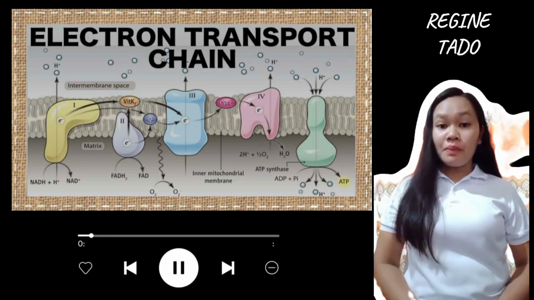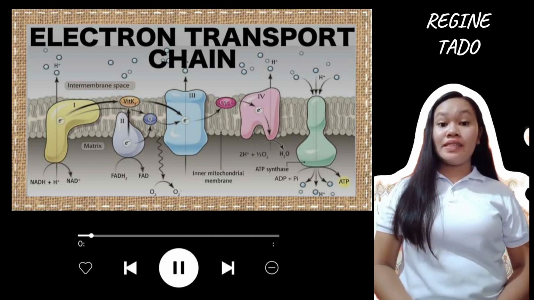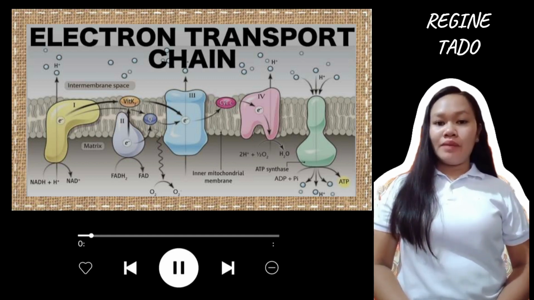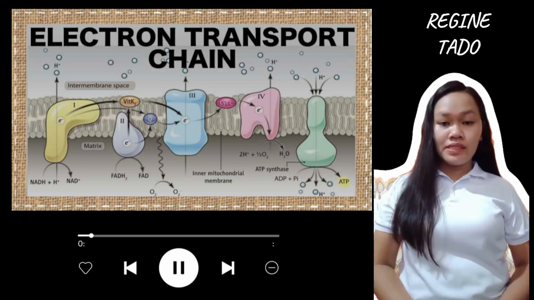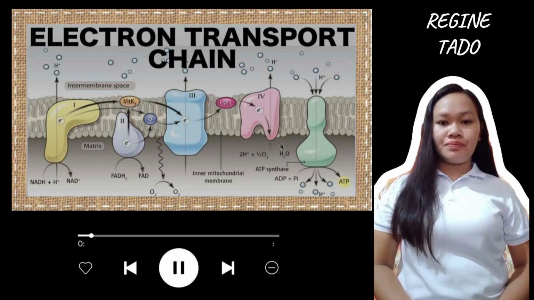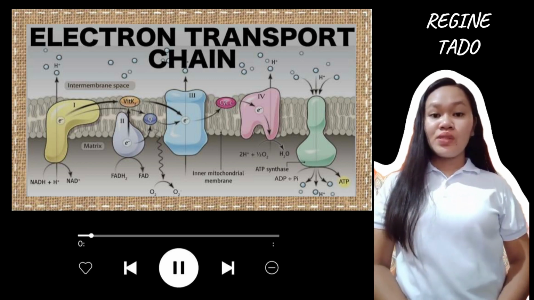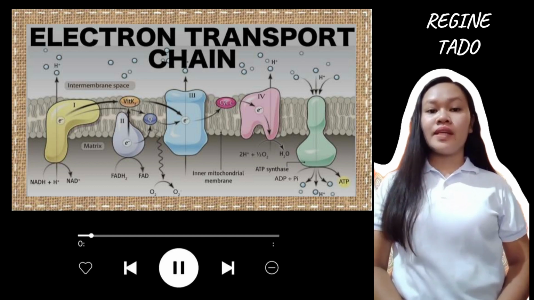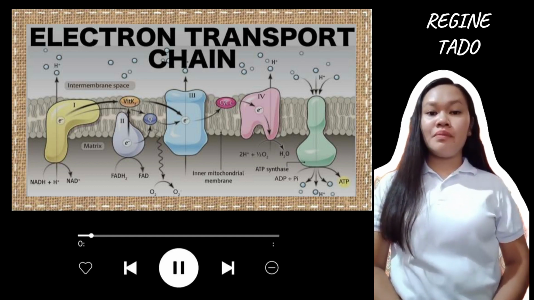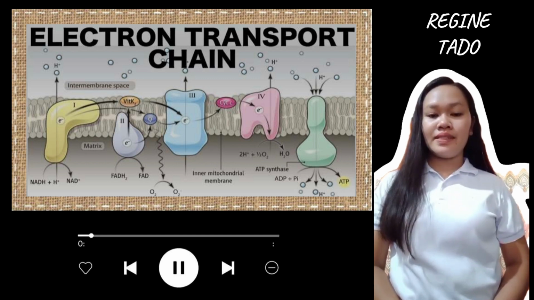The purpose of electron transport is to create a flow of electrons that drives the pumping of protons across a membrane, establishing a proton gradient. This gradient is then utilized by ATP synthase to catalyze the production of ATP, which serves as the primary energy currency within cells.